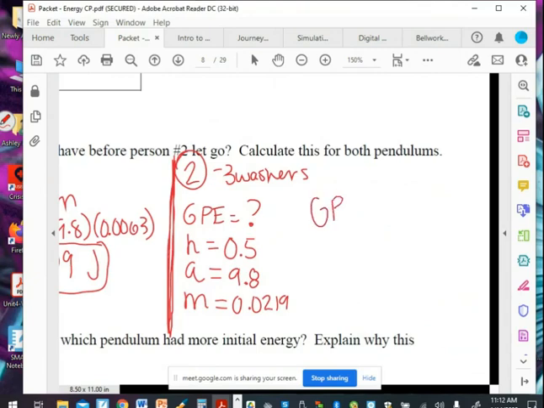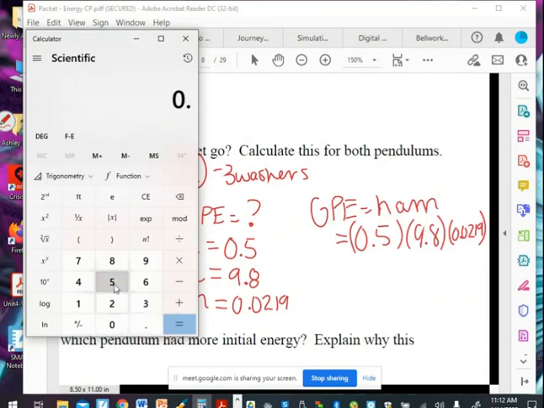All right, so GPE equals HAM equals 0.5 times 9.8 times 0.0219. Okay. So same numbers essentially, same units, same multiplication order. It's just my mass that is different.